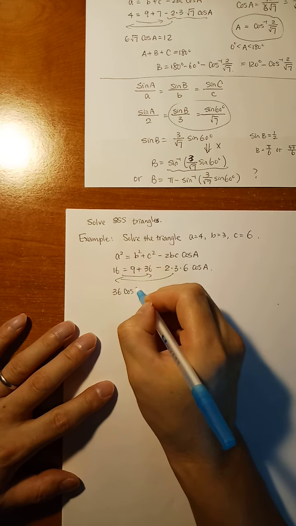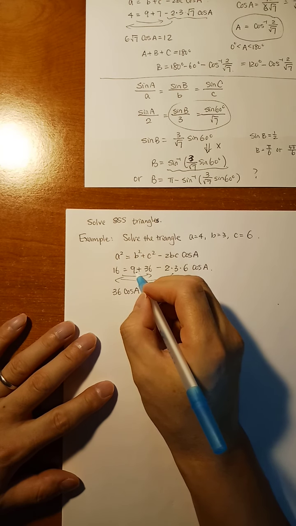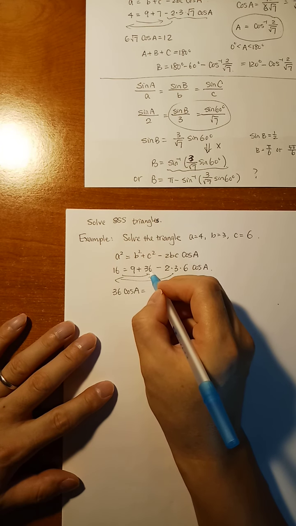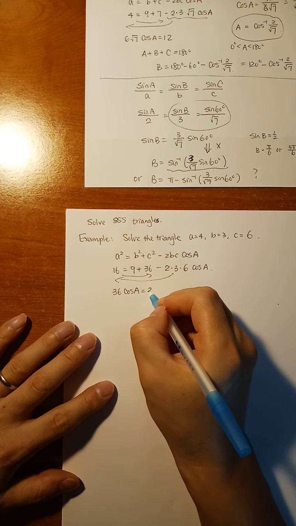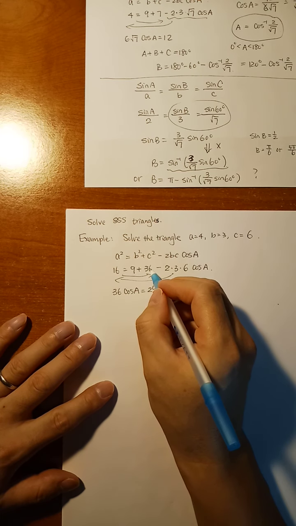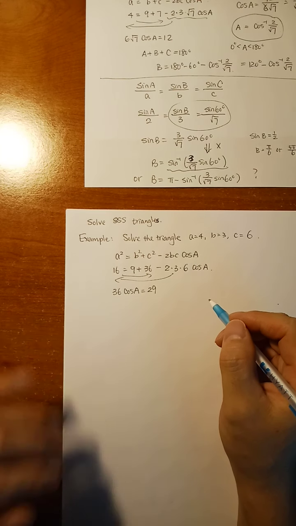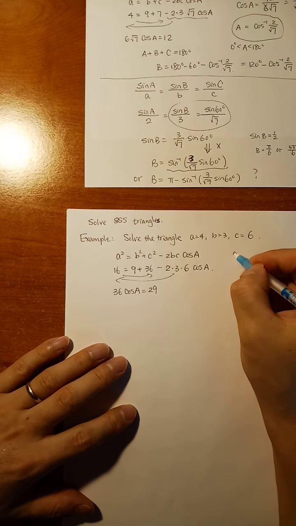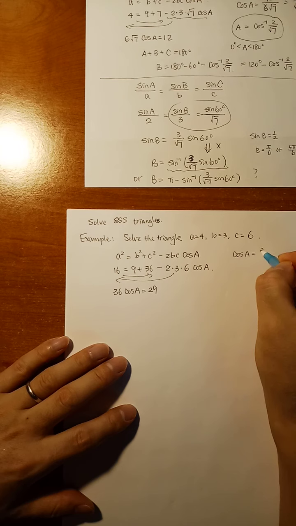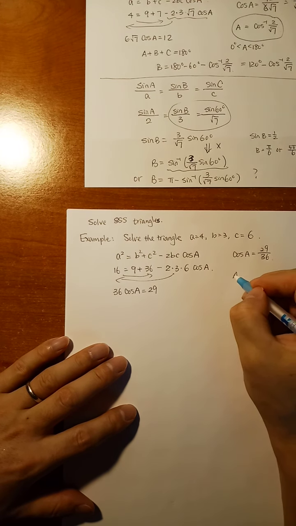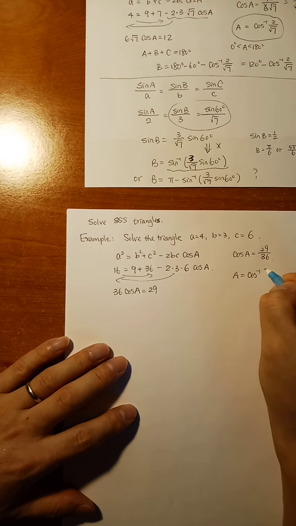Cosine of A is equal to 9 plus 36 is 45, 45 minus 16 is 29. Okay, so we get cosine of A equal to 29 over 36. So A is cosine inverse of 29 over 36.